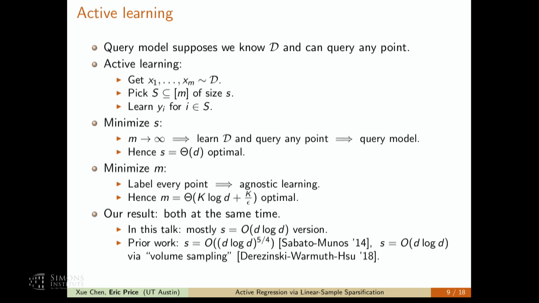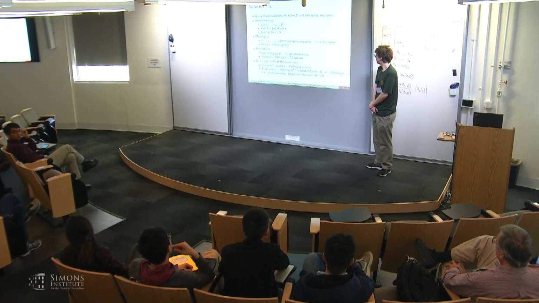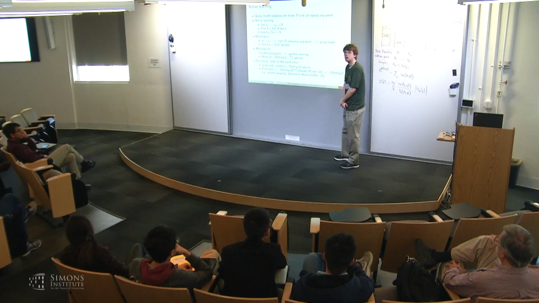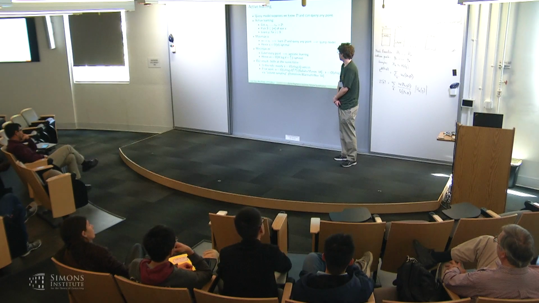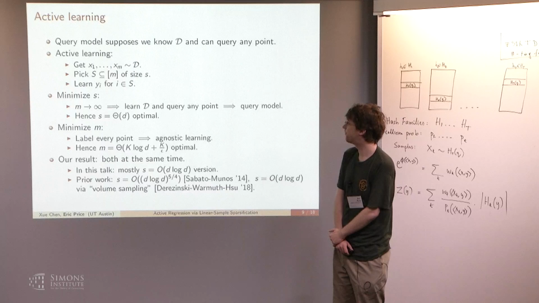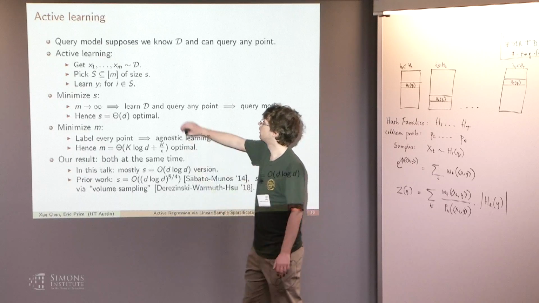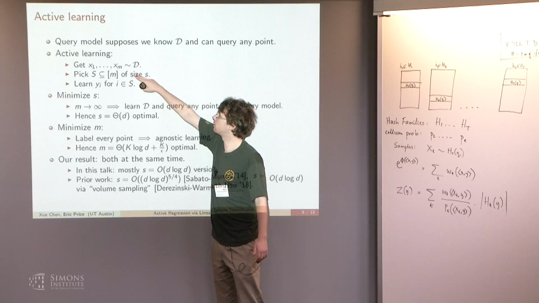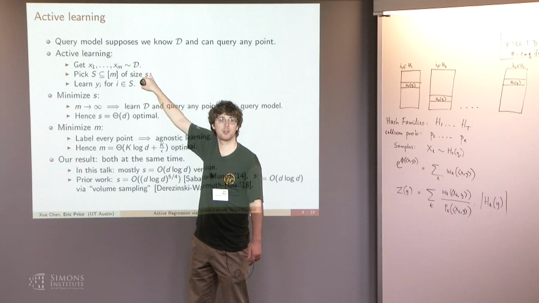Did the Wormuth paper just get an unbiased estimate? Did they actually get the same error guarantees that you have? Okay, so I think they don't really look at going from error on x1 through xm to error on the distribution.